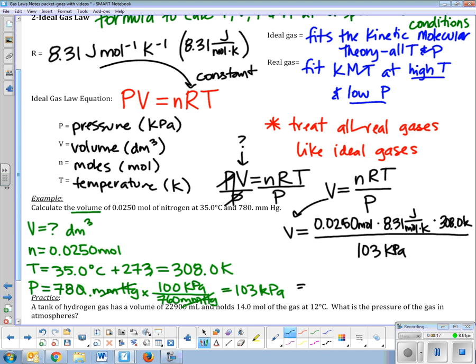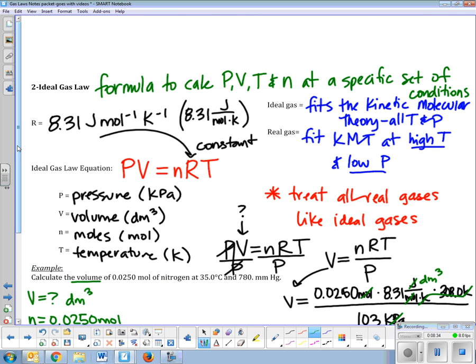So unit-wise, you can see that moles divide out, and you can see that Kelvin divides out, and a joule has a Pascal in it, so that part will cancel, and you will be left with your decimeters cubed. Because you can think of your joule unit, another way of writing it, would be a kPa times a decimeter cubed instead of joule over a mole times Kelvin. Okay, so that's a way to write it so you can see that your units divide out.